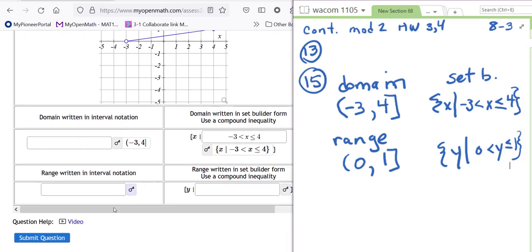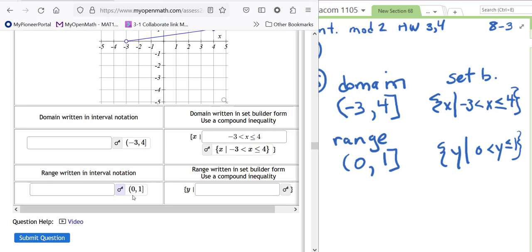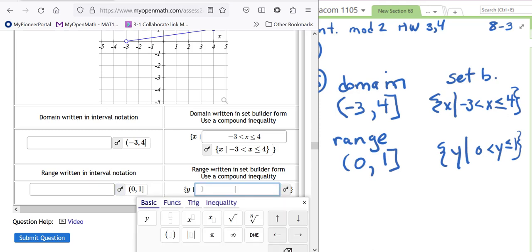All right, let's see. This one we can just check. Type that in. And this one, if we try to type it in, notice it already has the y, so it's giving you a hint. Y such that, so you're just going to type the rest of the rule. And we are going to want the inequality button or template.